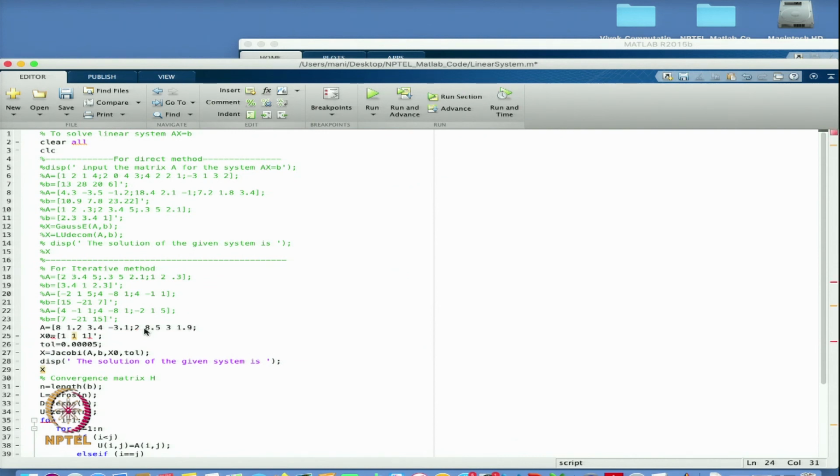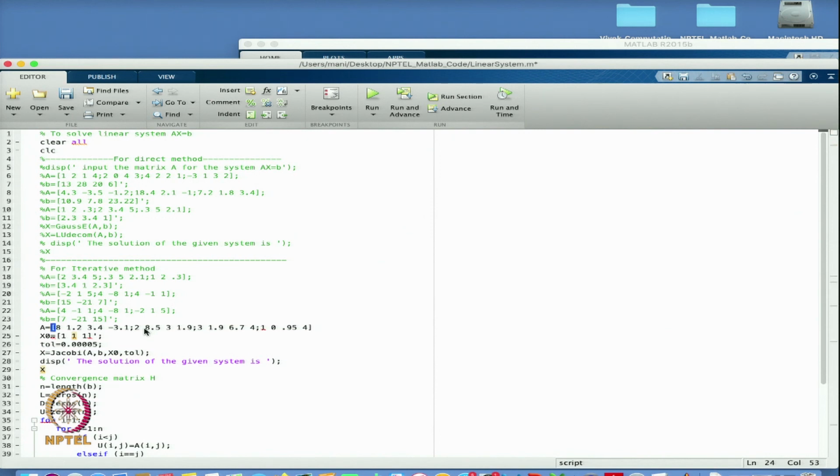The third row I take 3, 1.9 and then I take 6.7 and then I take 4. So this is another row and the last row I take 1, 0.95 and then maybe I will take 4.